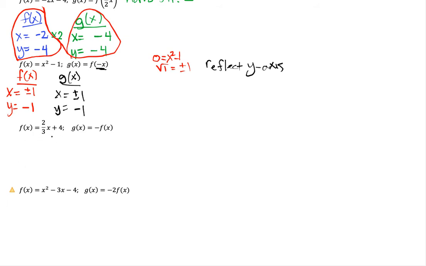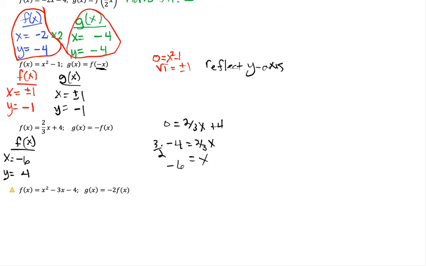Let's look at 2/3 x plus 4. We will find our x and our y-intercepts for that. My y-intercept is a positive 4. My x, I need to set it equal to 0 and solve. So I subtract 4. And then I will multiply by 3/2 on both sides. So I have negative 6. And then I'll do my g of x and y intercepts.